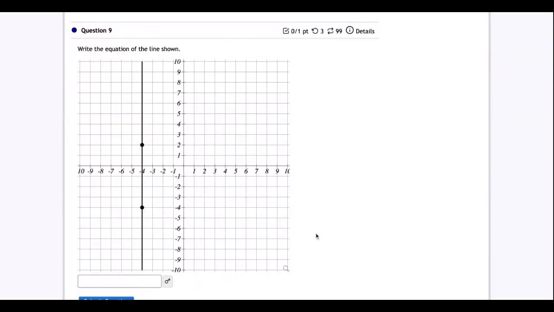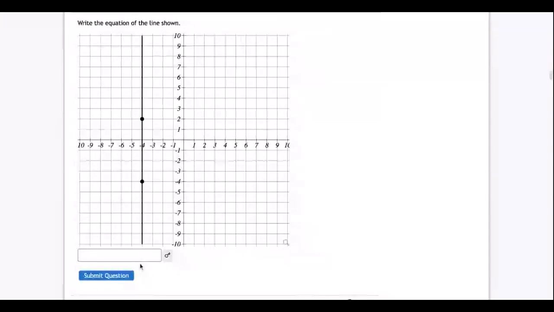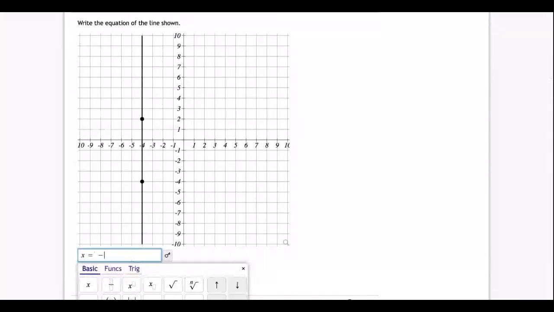The x value is -4. Yes, the x value equals -4. So we just write down x equals -4. That's it. That's the name of this line, because every point on this line has the same x value, equals -4. So this vertical line is called x equals -4. So this is in 2 dimensions. Does it make sense? Yes. Thank you. Okay, you're welcome.